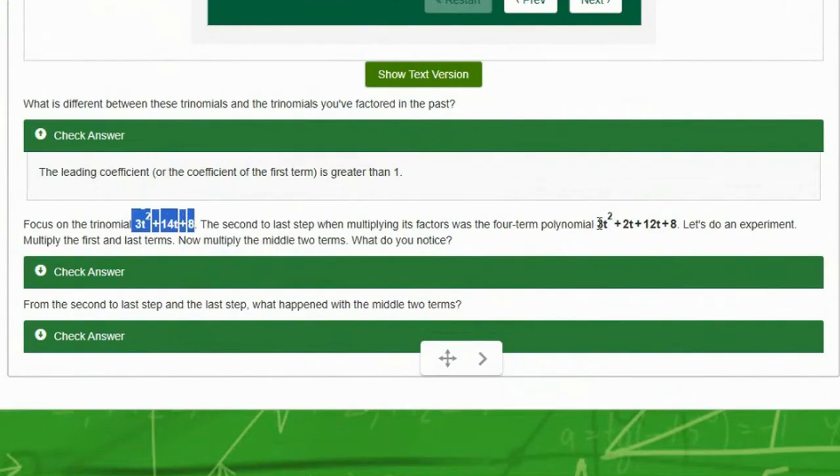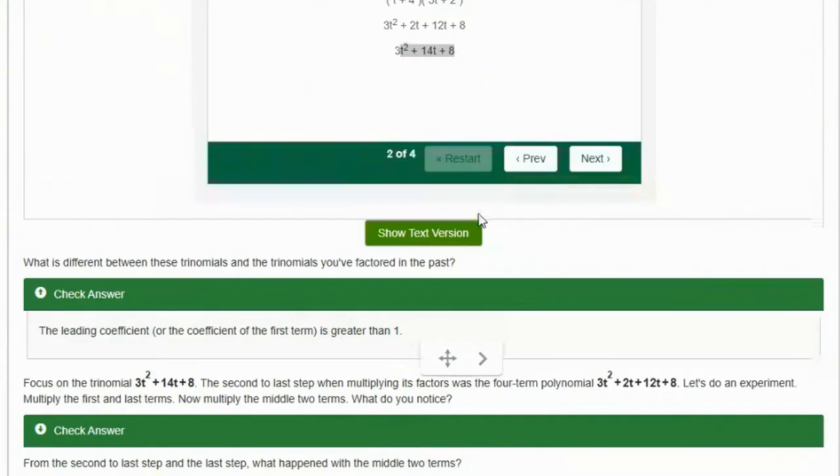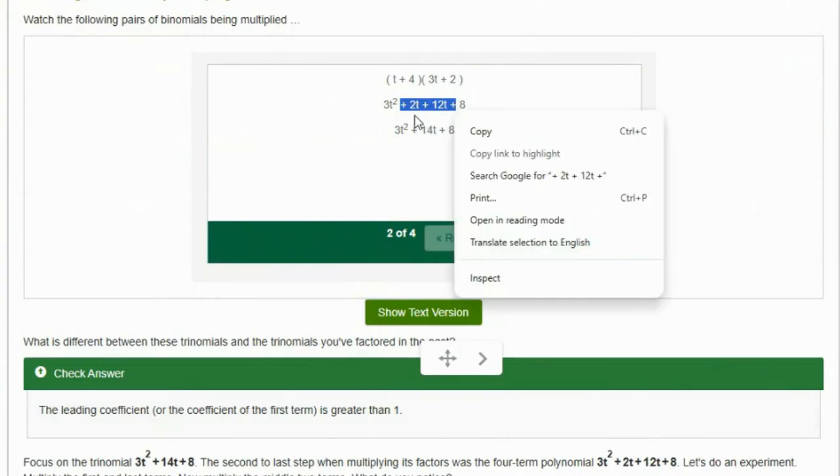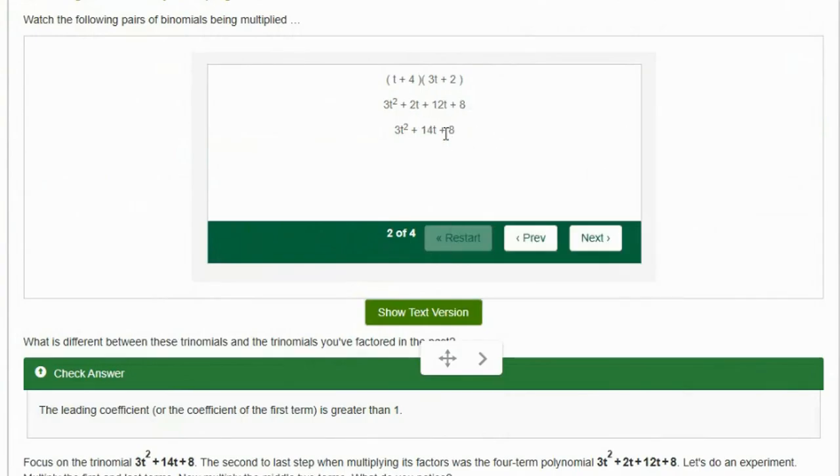You know, if you go back up a step, we had the 2t and the 12t. So let's experiment a little bit with this and see if we can notice a pattern. So I'm going to write this one down. So that's looking at this one right here. When we're multiplying these two together, before we combine the like terms, we had this. We had the 2t and the 12t, and we ended up with that.